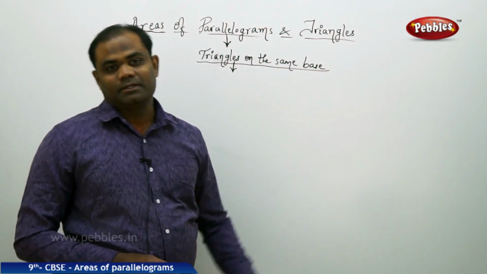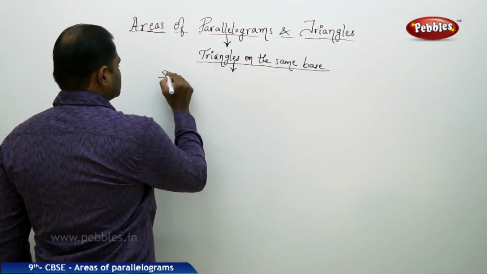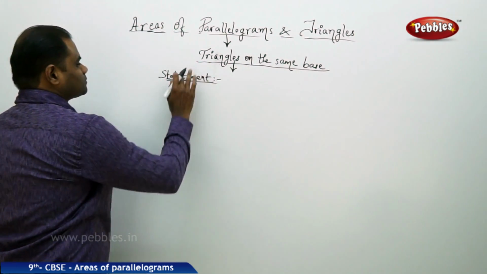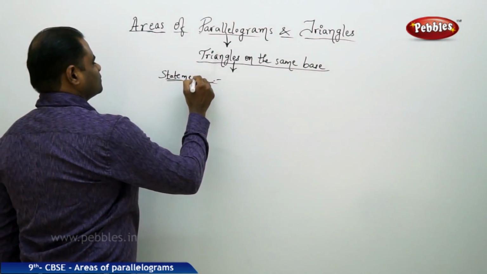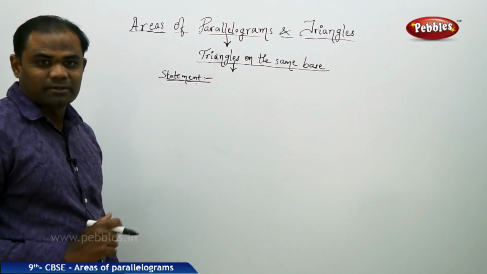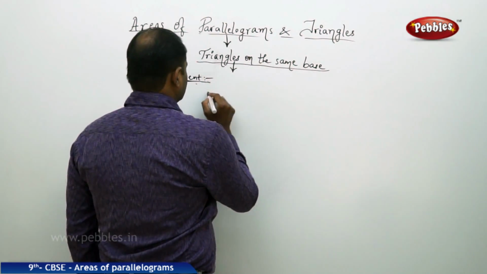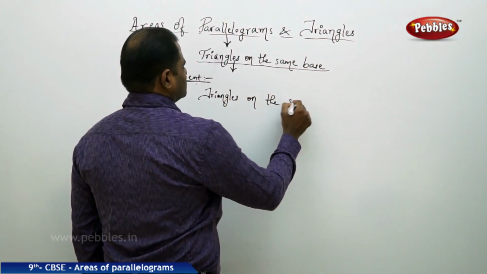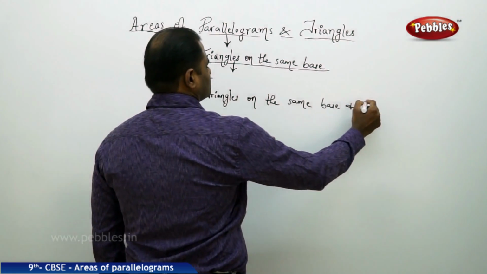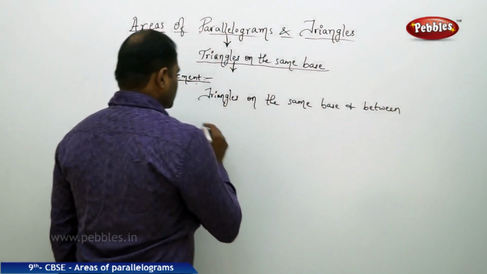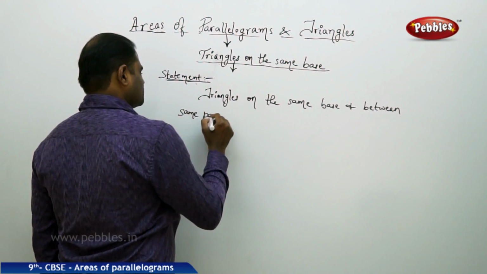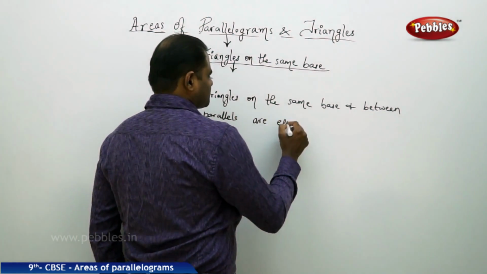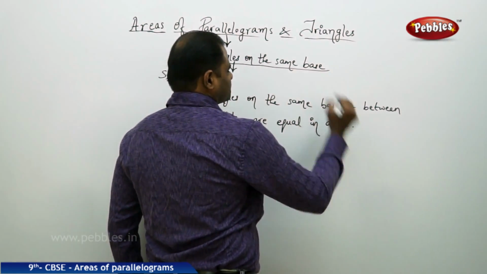So triangles on the same base. If I take the statement for the same base, the theorem says that triangles on the same base and between same parallels are equal in area.